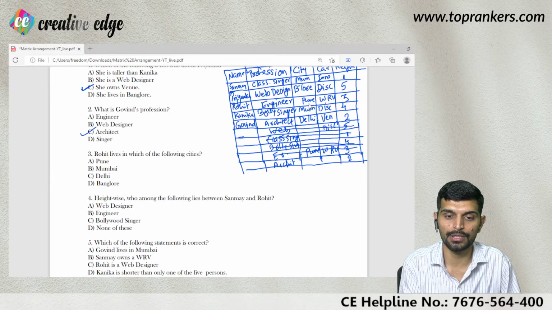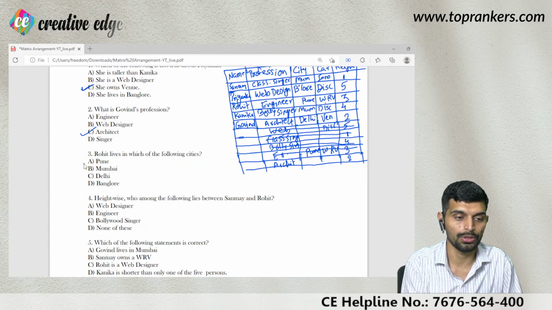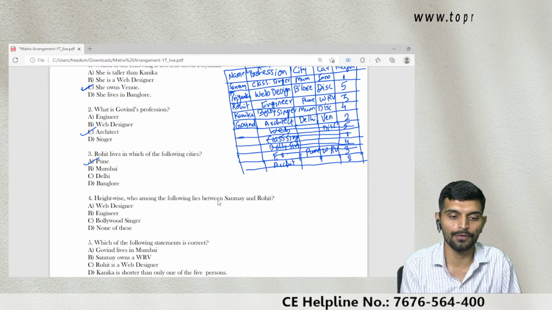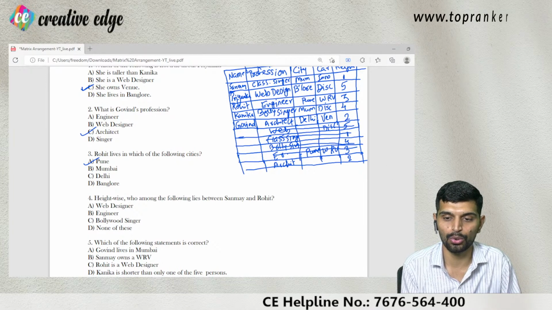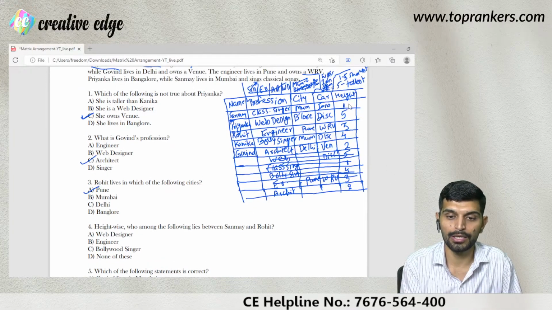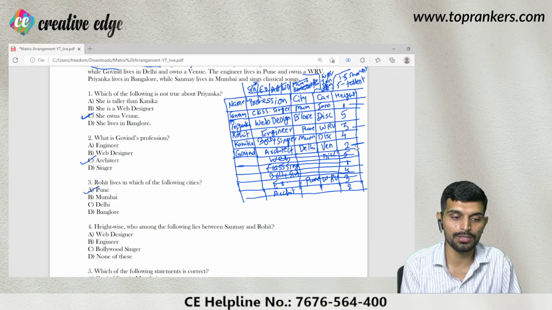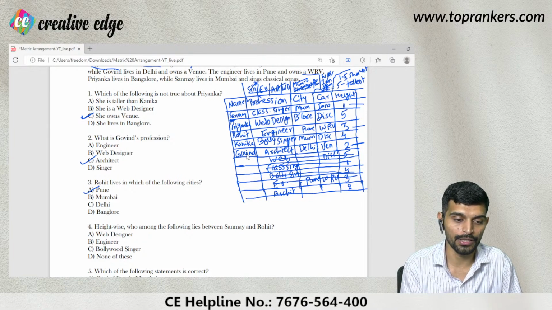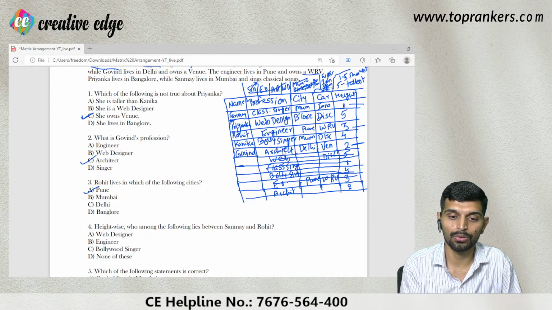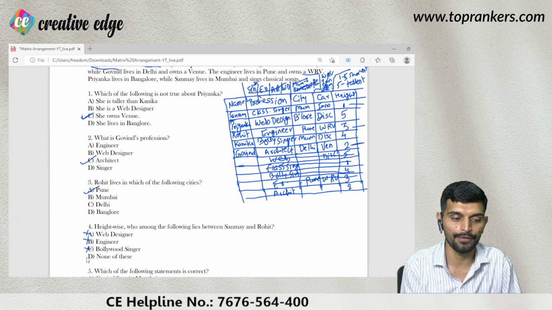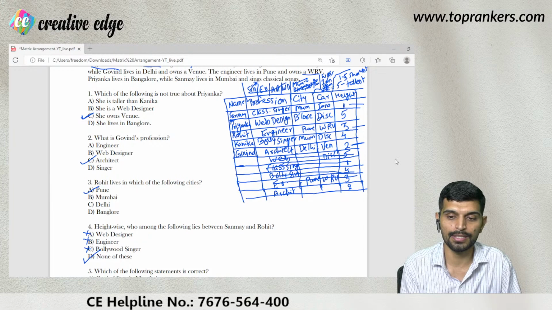Rohit lives in Pune. Height-wise, who among the following lies between Sanmay and Rohit? Sanmay is rank 1, Rohit is rank 3, so height-wise rank 2. Rank 2 is Govind, who is an architect. So web designer, no. Engineer, no. Bollywood singer, no. So the answer is none of these.